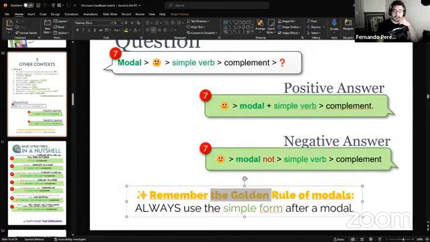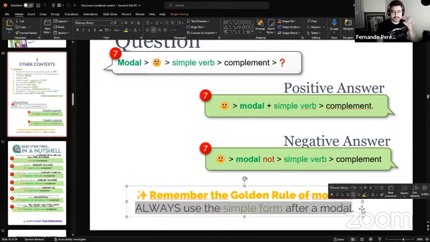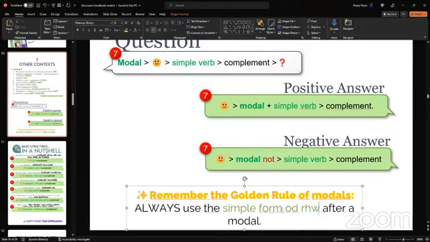Okay? Golden rule because this will always happen. Always use the simple form after a modal. Always.